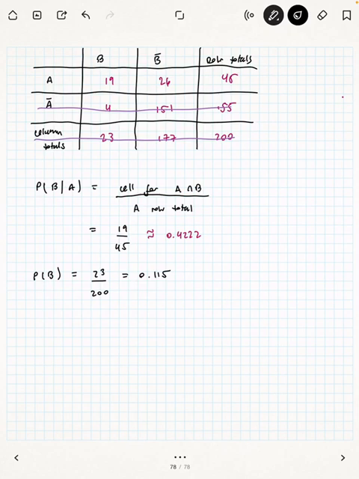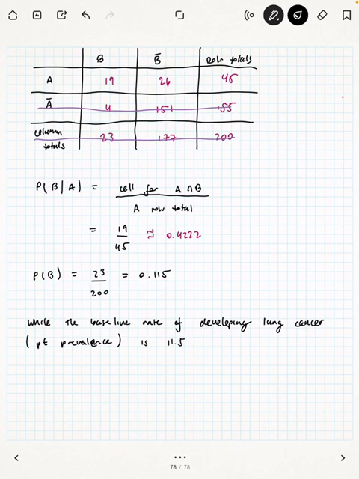So in other words, if we wanted to interpret this statement, the baseline rate of developing lung cancer, remember that's what we were saying, that was prevalence, right? Point prevalence. Well, the baseline rate of developing lung cancer is roughly 11.5%.